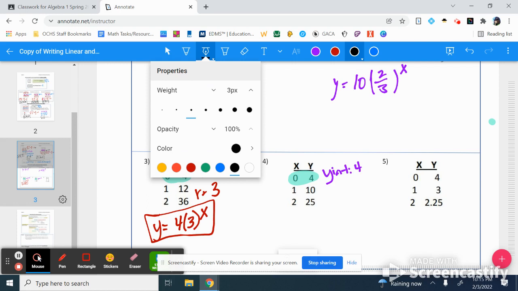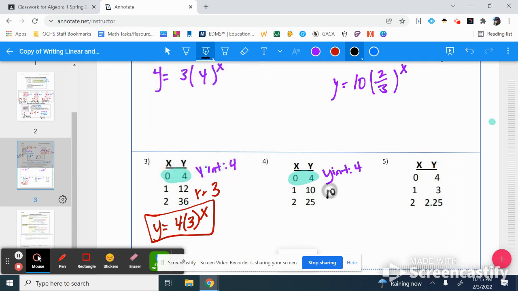Well, if you remember correctly, we said that one way of checking an exponential function is by taking your calculator and dividing a2 by a1. So in this case, this would be 10 divided by 4. And then we also want to do a3 divided by a2, which would be 25 divided by 10. And then you just want to take out your calculator.